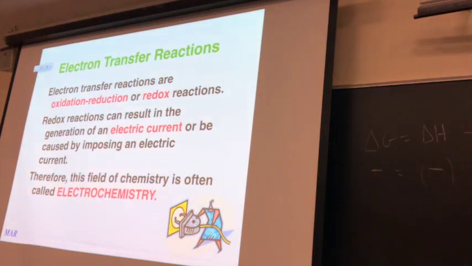So electrochemistry is just controlling these redox reactions so that you can create a type of current. It's like a MacGyver kind of thing. If you don't know MacGyver, don't worry about it. But anyway, all these kind of wacky things that people can do, a lot of it comes from the knowledge of electrochemistry, which is kind of cool.